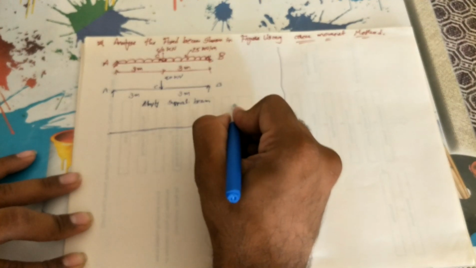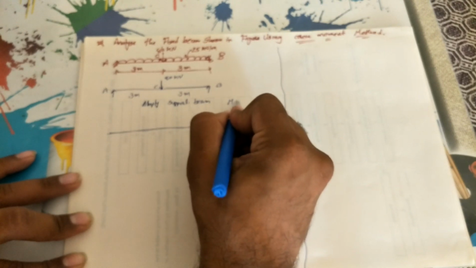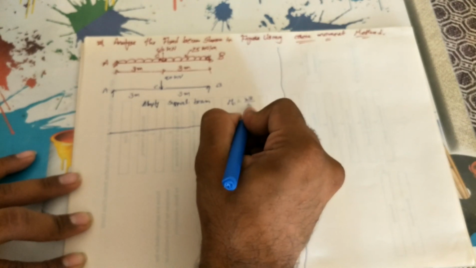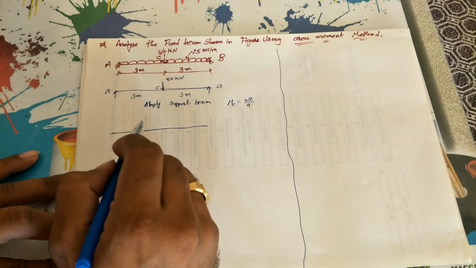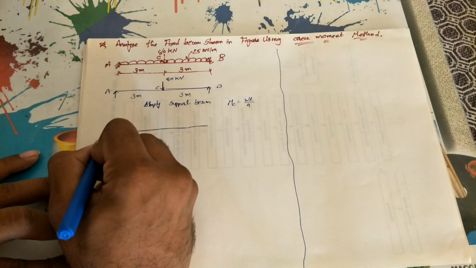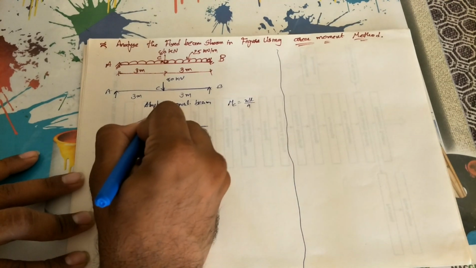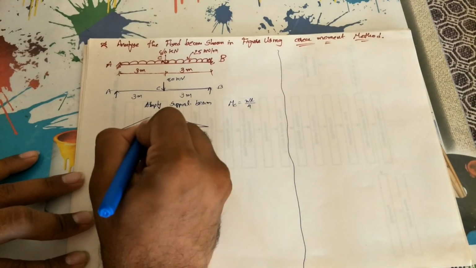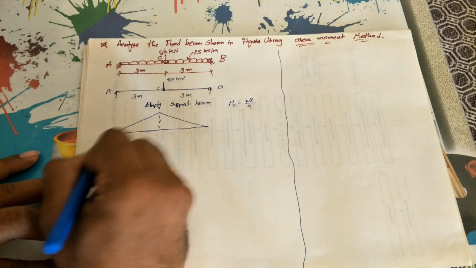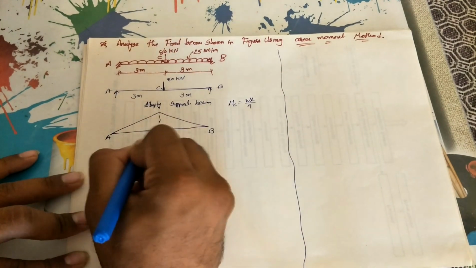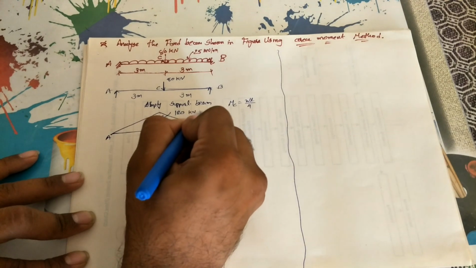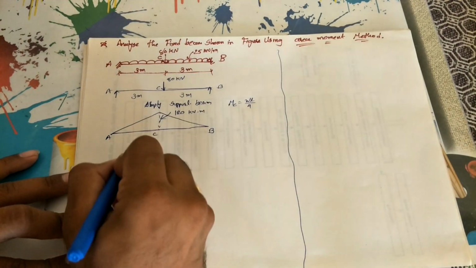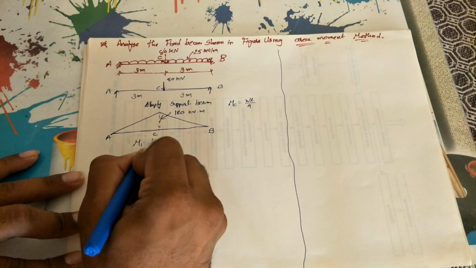W is 80, L is 6, divide by 4. So we get 120 kilonewton meter center moment. This is A, B and C, and this is 120 kilonewton meter, that is WL by 4.